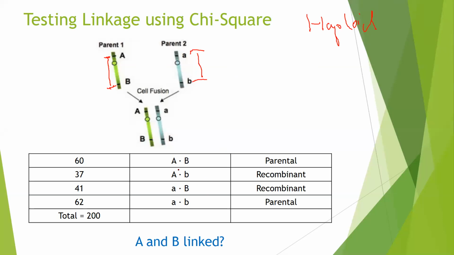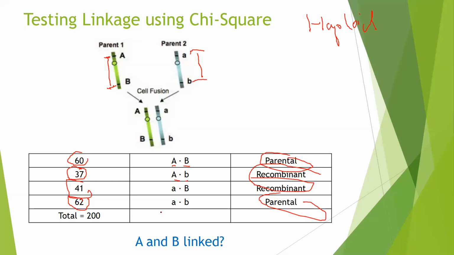For example, if we just look at these two genes, A and B, and we do the test cross, we get different progeny and the numbers of different progeny. Parental type and recombinants, and these are the numbers here. With these numbers, we want to see if these two genes are linked or not. First, we want to test if these two genes are on the same chromosome or not.